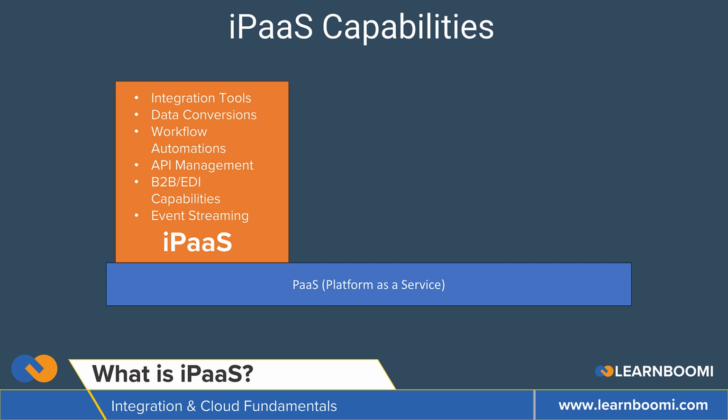It comes with integration tools, data mapping, transformation, workflow automation, API management, B2B and EDI support, and also event-driven processing capabilities. So the idea is very simple here. PaaS gives you the platform to build the application, and iPaaS sits on top of that to help all these applications and other applications in your landscape so that they can talk to each other.